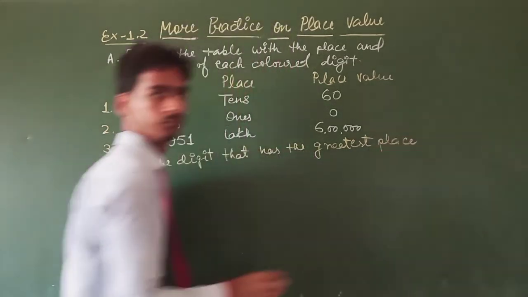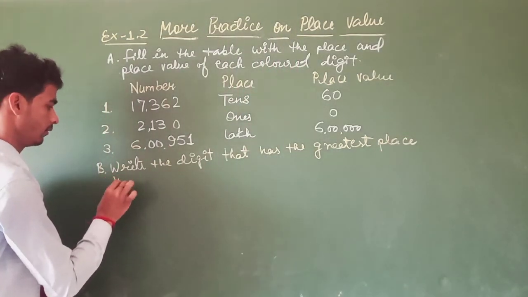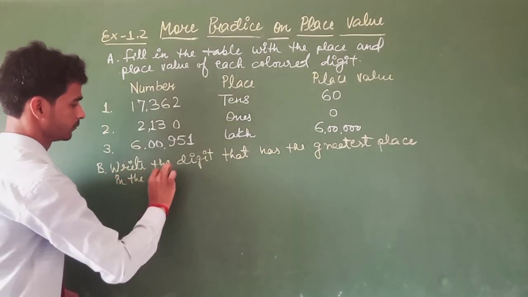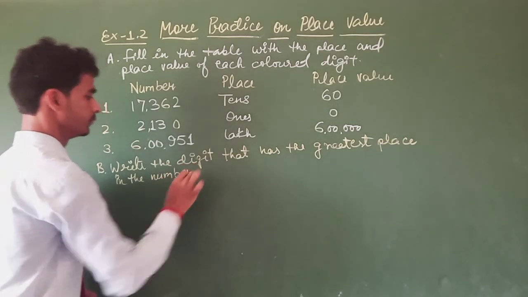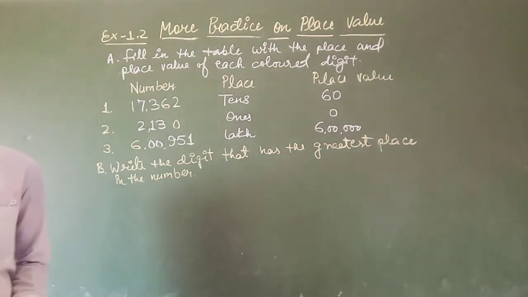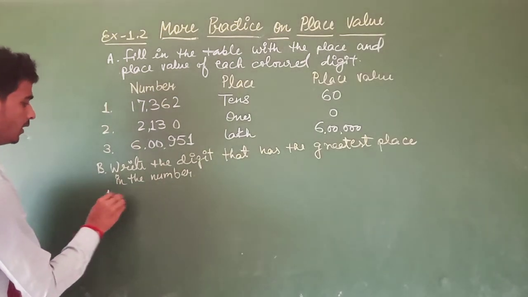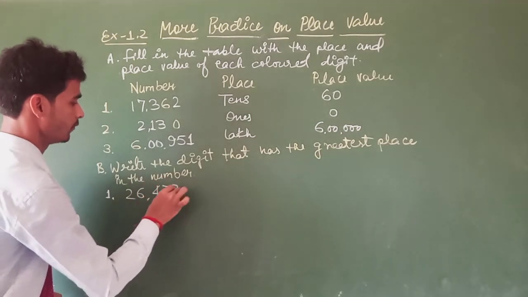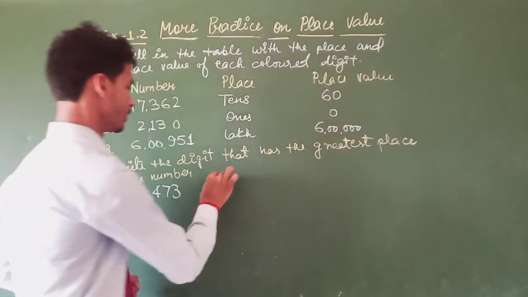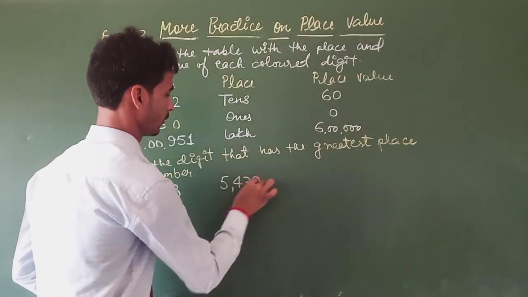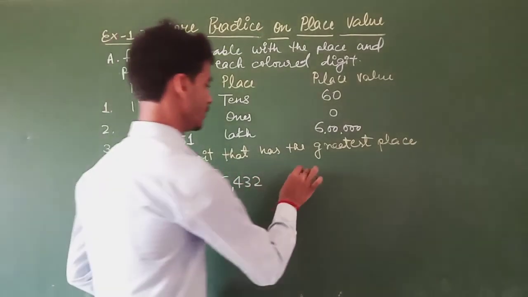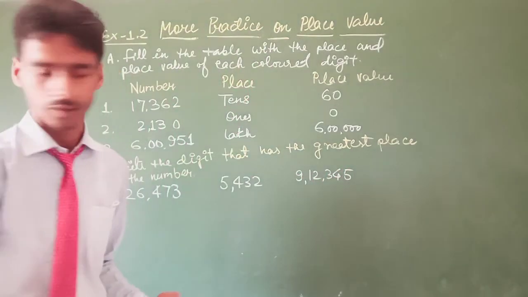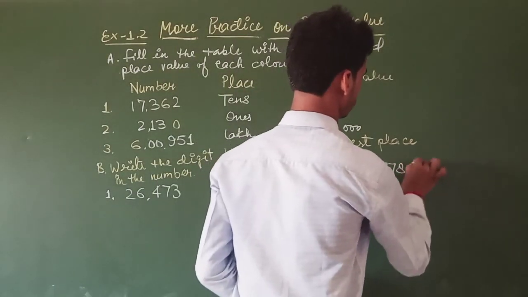The numbers are 26,743, sorry, 26,473, 5,432, 9,12,345 and 78,123.